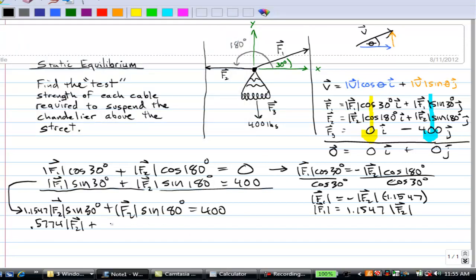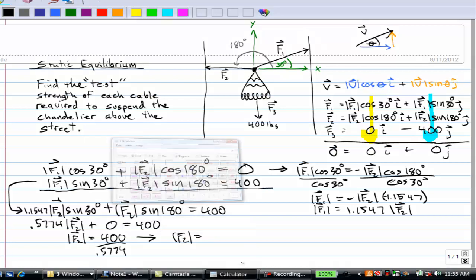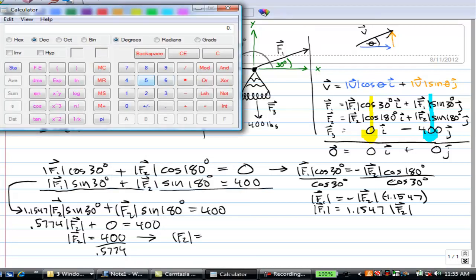So that's plus 0 is equal to 400, which tells us that F2 is equal to 400 divided by 0.5774. Let's see what that is in the calculator, 400 divided by 0.5774.